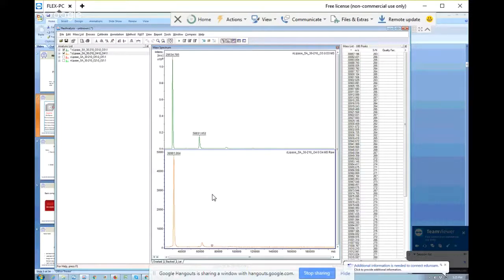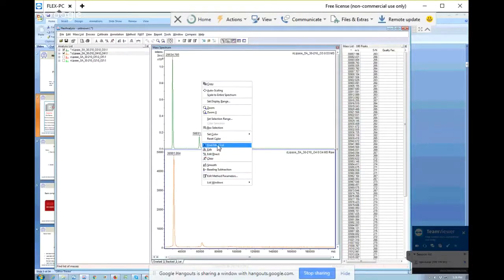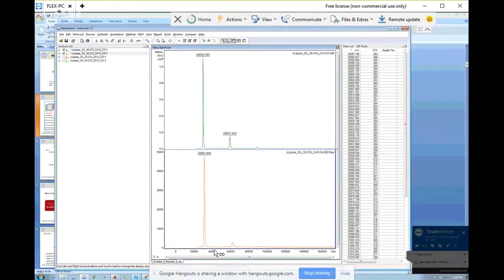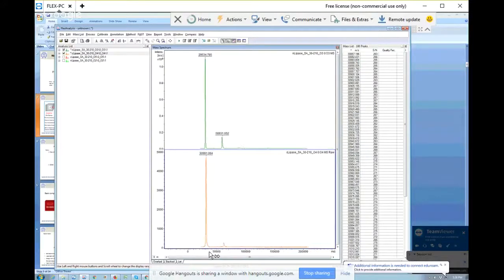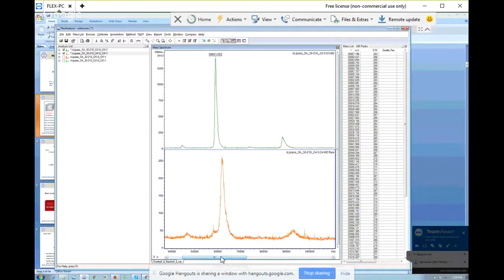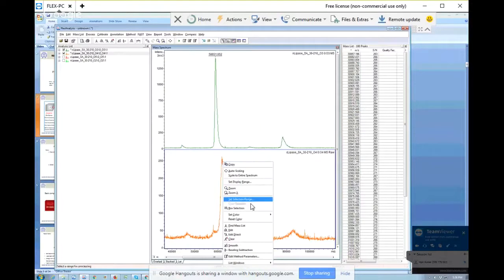Though the spectrum looks very similar for both proteins, when we found out the molecular weight with the help of the mass list for both of them, we found there was a slight change. If I expand this region over here, we can see that the molecular weight of the normal protein is around 29.5 kilodaltons, while the one for the modified is around 30 kilodaltons.